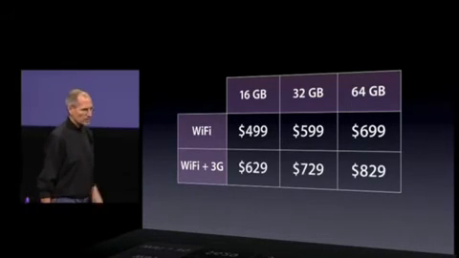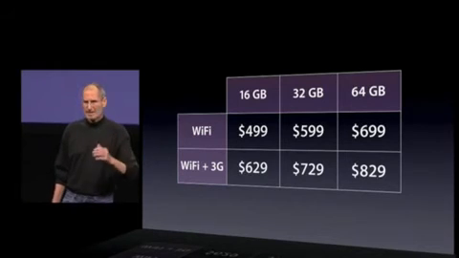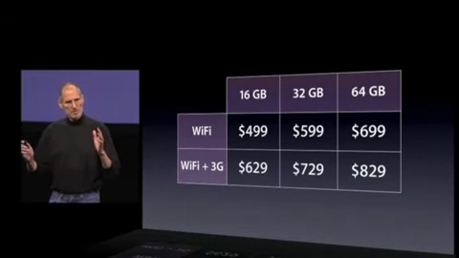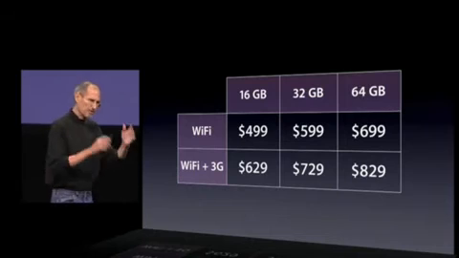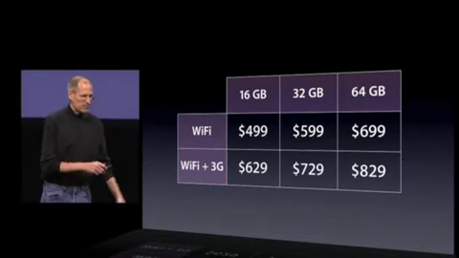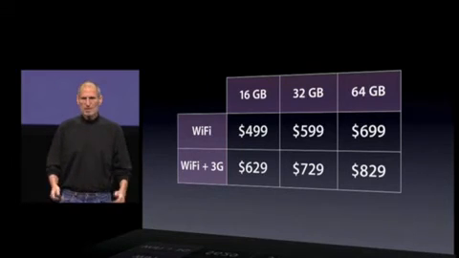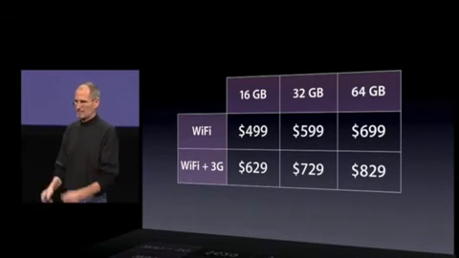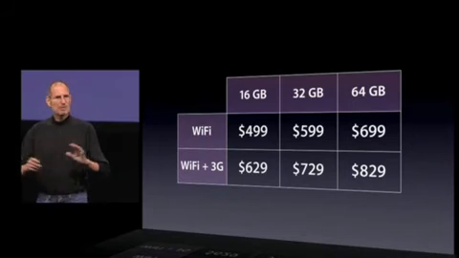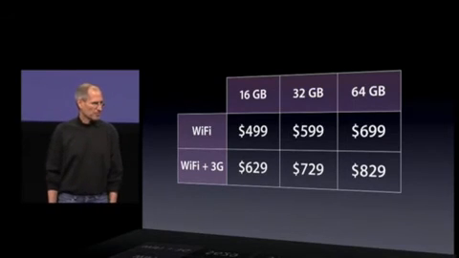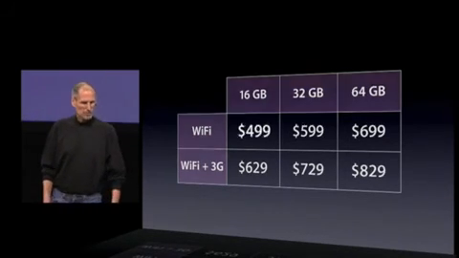And so $629, $729, and $829. And these will be the 6 models of iPads we have, starting at $499, with the most expensive model with 64 gigabytes and 3G, just $829. We think it's an unbelievable price offering. So $499.